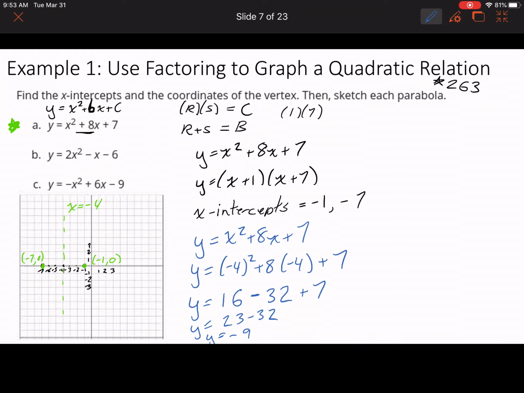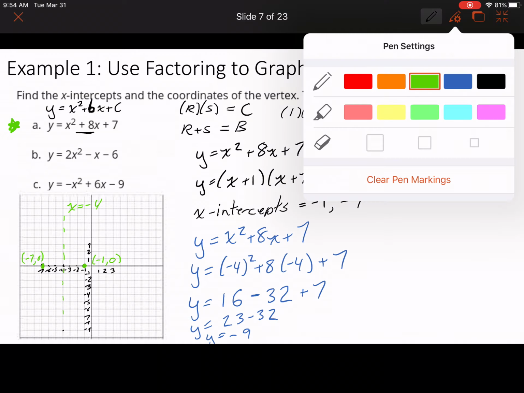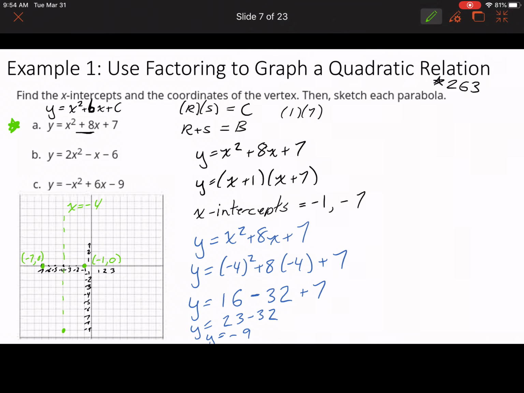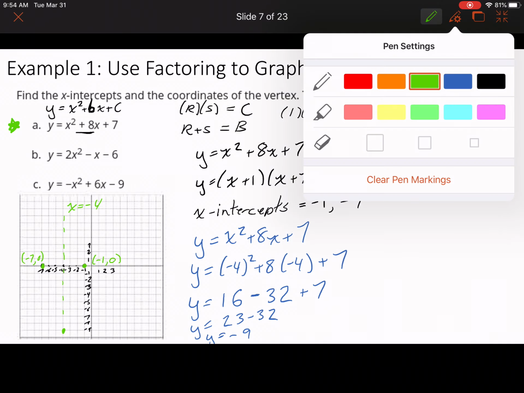So now we've got the axis, we've got our vertex going on. So we know we've got -4. I need to add some more. So I know where -9 is. And again, right in our points.